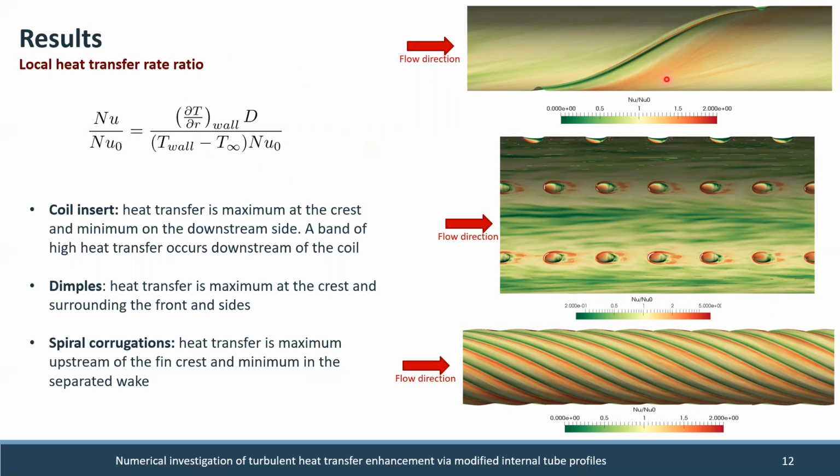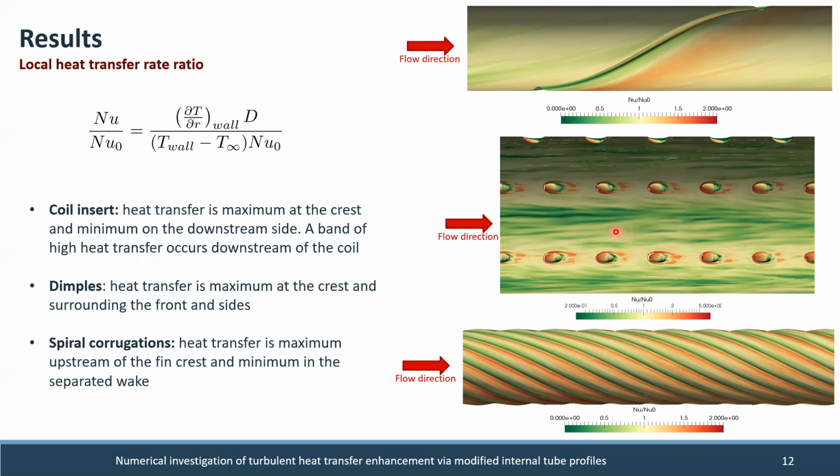We can see that the heat transfer is maximum at the crest and minimum on the downstream side of the coil. Here, the red color shows the higher heat transfer, higher Nusselt number, and the green shows the lower Nusselt number. Also, there is a band of high heat transfer region, which we have further downstream of the coil.